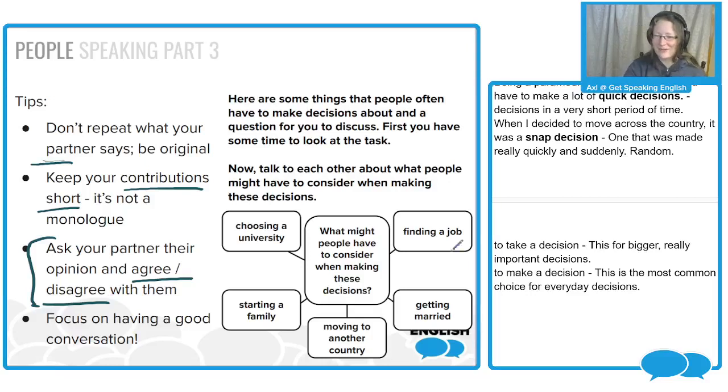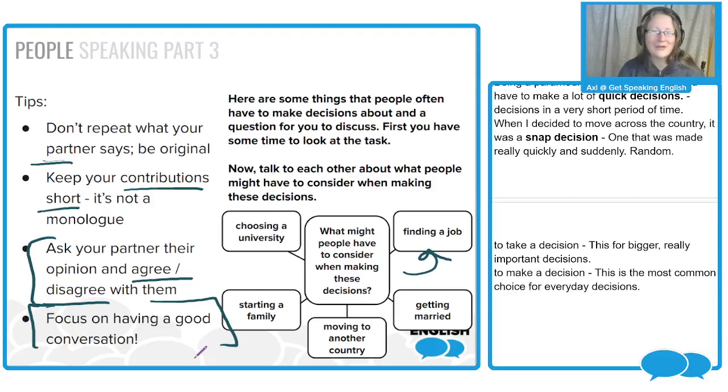You can ask them what their thoughts are on a point, right? The goal really of this part of the exam, and also part 4, is to have a good conversation and show that you can participate in a conversation, that you can contribute relevant ideas, that you can agree, disagree, state your opinion, that sort of thing.